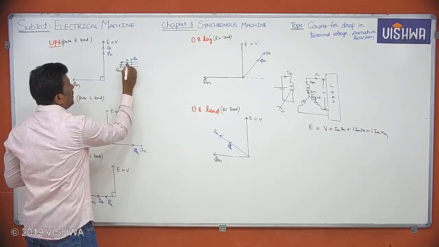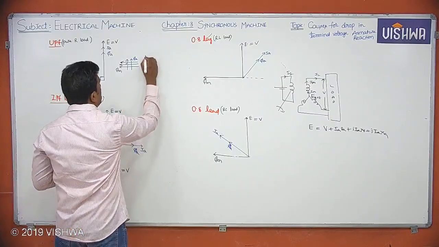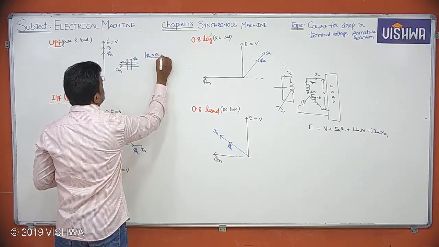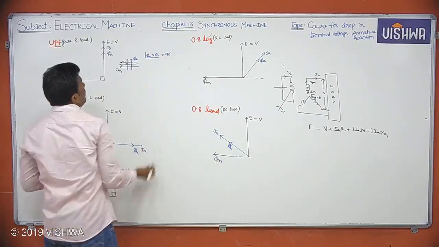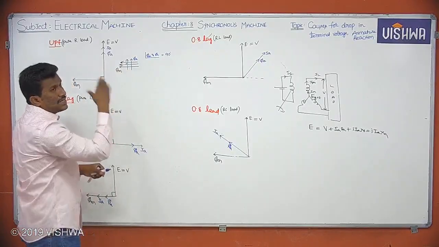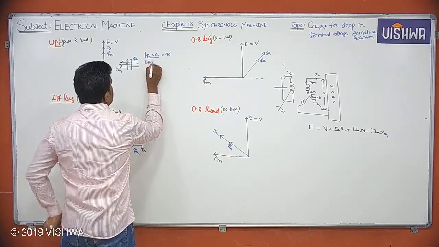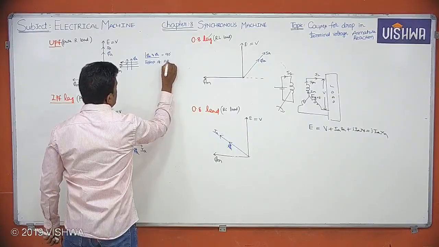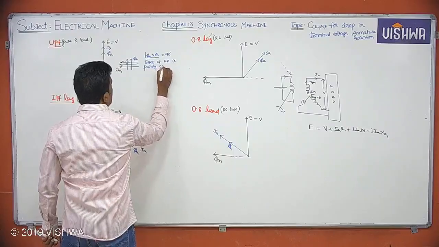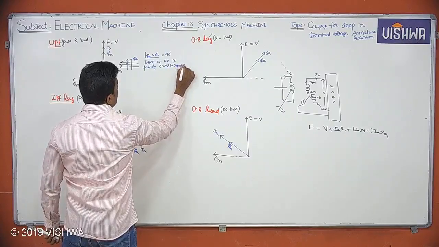So tell me, what is the angle between phi A and phi M here? 90 degrees. So I can write here, the angle between phi M and phi A is equal to 90 degrees. The armature flux phi A is purely cross magnetizing your phi M. So I can write simply, the effect of armature reaction is purely cross magnetizing effect.